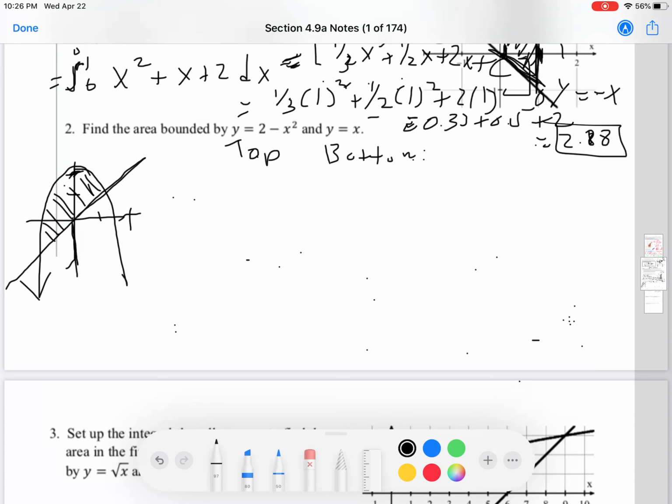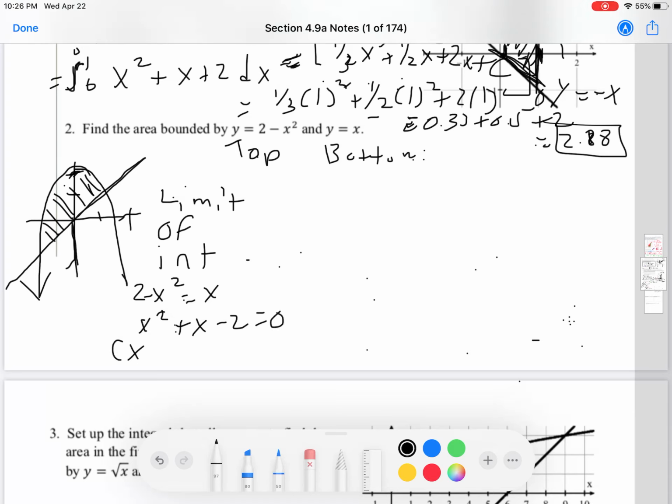But there's another problem. We don't know our limits of integration. To find the limits of integration, we do 2 minus x squared, and we set that equal to x. I'm just going to move the x squared to the other side. The x stays positive.